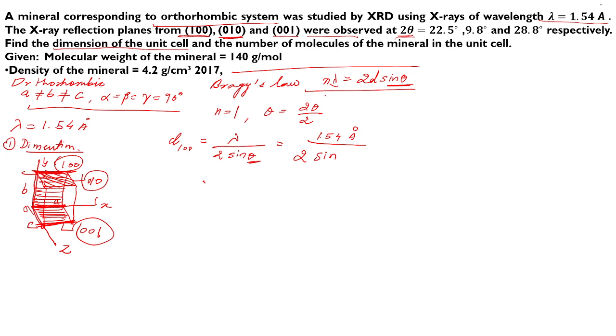Here theta is 22.5 divided by 2, which gives 11.25. Solving it, 1.54 multiplied by the value 0.195 gives 3.95 angstrom.